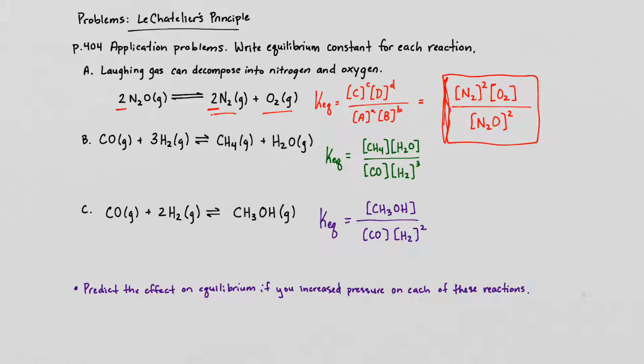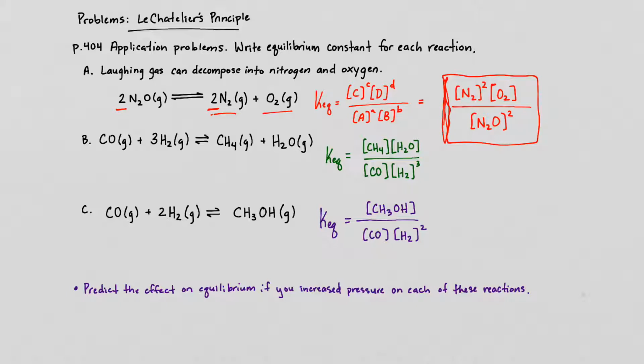Okay, so the next thing is that we need to predict the effect on equilibrium if you increase the pressure on each of these reactions. In reaction A, with laughing gas, if you increase the pressure, you know that the equilibrium will shift in the direction of either the product or reactant that has the fewest number of moles.